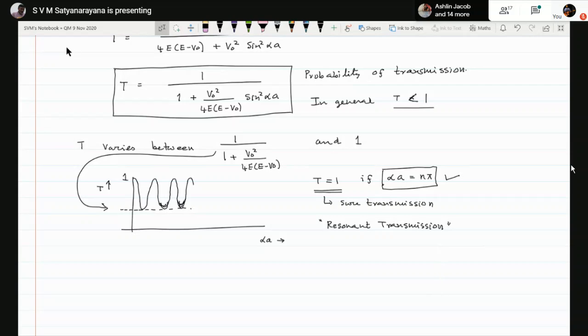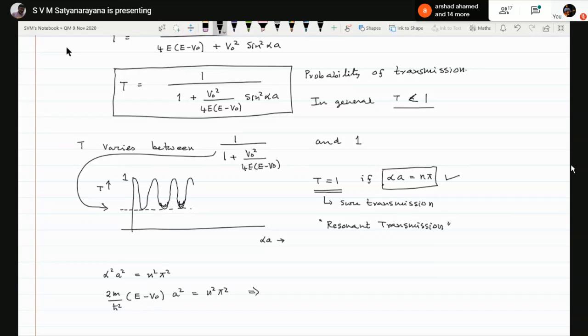Now we can ask a question: what is this condition, or what does this condition mean? For example, let's say that you write alpha square A square is equal to n square pi square. Now alpha square we know is twice m by h bar square into E minus V0 into A square is equal to n square pi square.